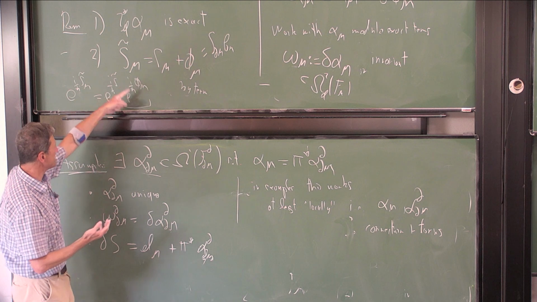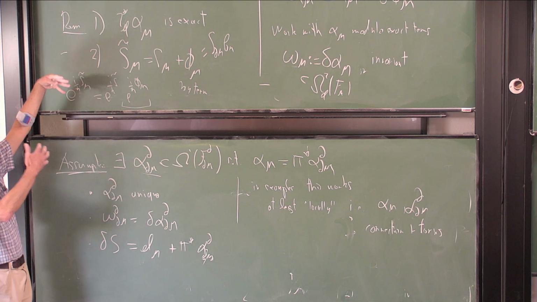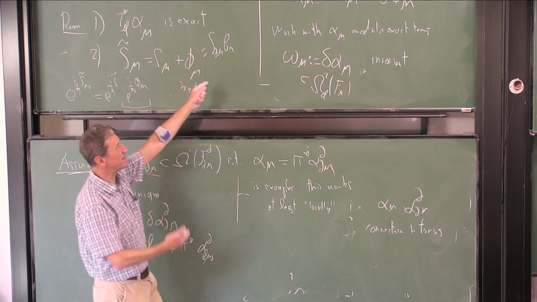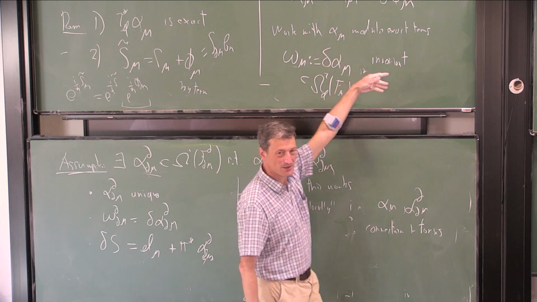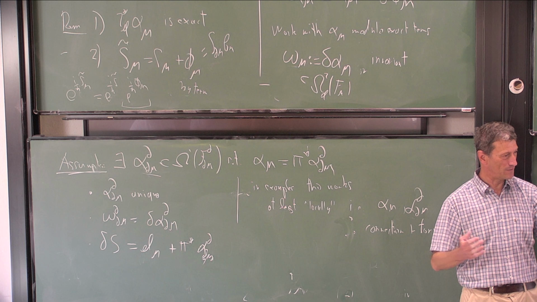In this language, it means that the action, well, actually the exponential, is well defined as a section of some line bundle. This transformation now becomes a gauge transformation of that line bundle, and this one form, even already before taking the quotient, is really a connection one form for the line bundle, not a global one form.